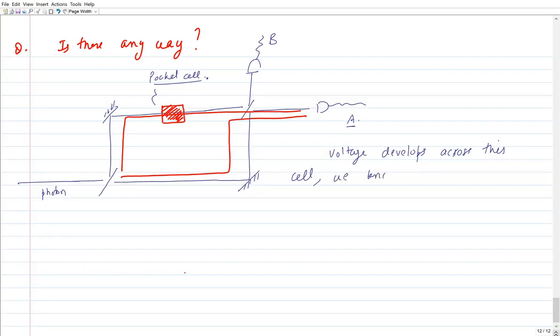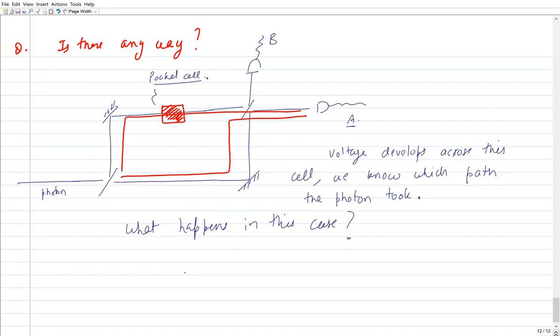We know which path the photon took. What happens in this case? Suppose I repeat my Mach-Zehnder interferometer experiment. I have one photon coming. I have a Pockels cell in one of the arms. What do you guys expect? What's going to happen? So what's going to be the probability at A now?